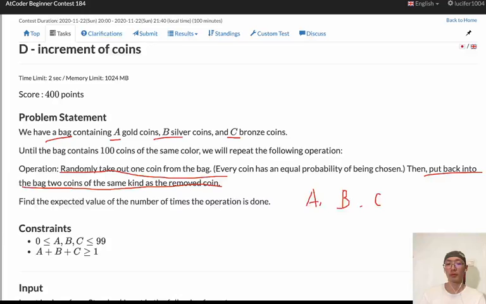Then after we pick 1 coin and put back 2 coins, the case will come to A plus 1, B, C, or A, B plus 1, C, or A, B, C plus 1.